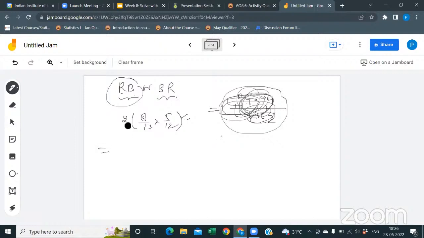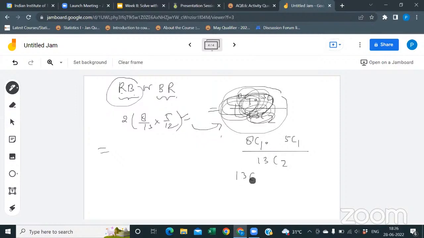Yes, it is the same. 8C1 is 8, 5C1 is 5, 13C2 is 13 into 12 divided by 2. So that would be 13 into 6. Yes, it's the same.